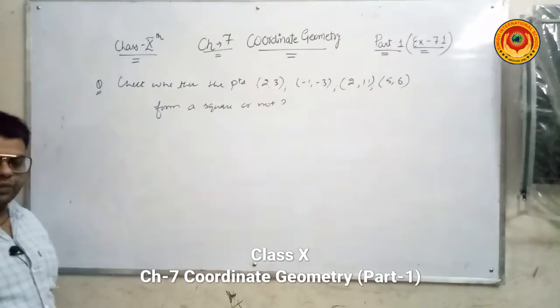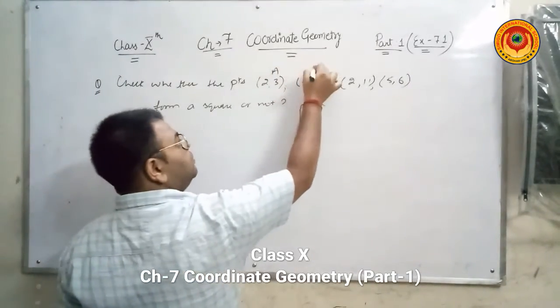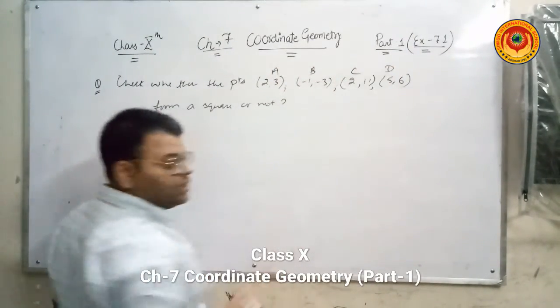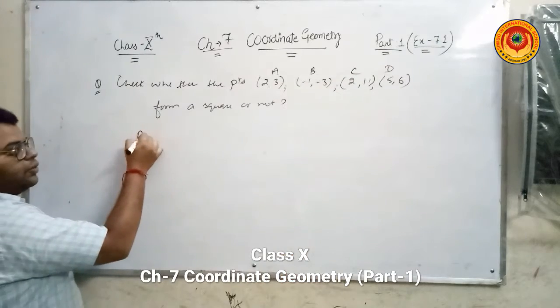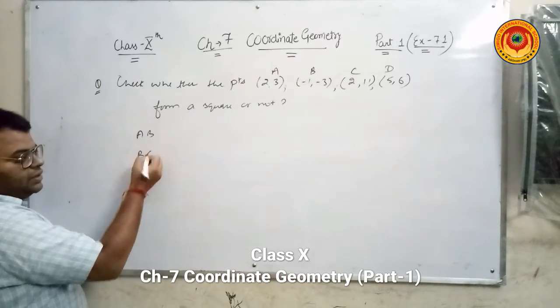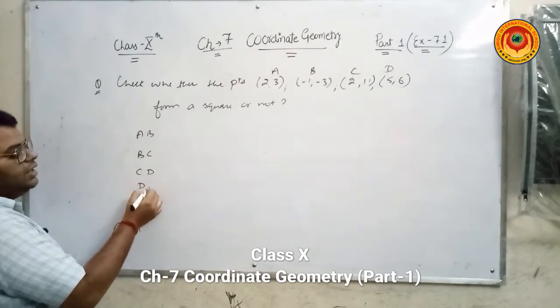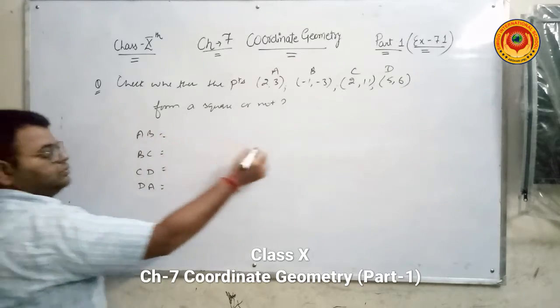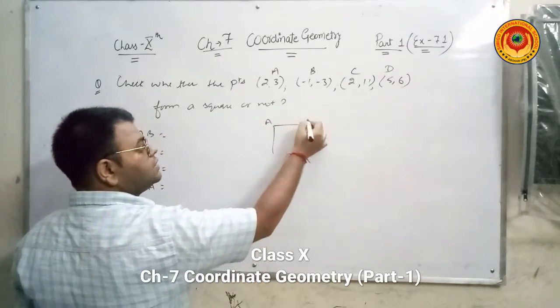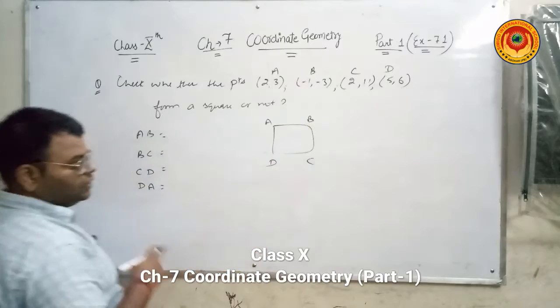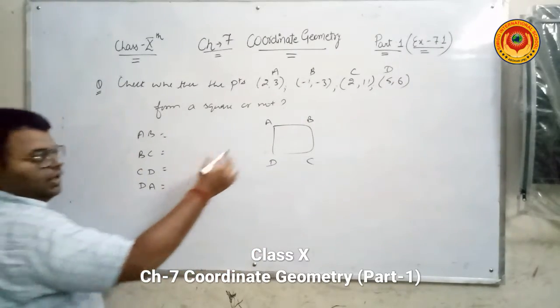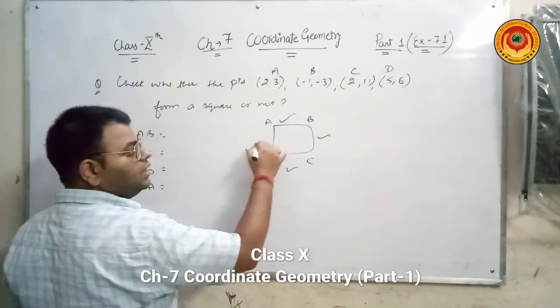Then what you have to do? Let them be A, B, C and this one is D. Give the name as ABCD. First find out AB, then BC, then CD, and then DA.